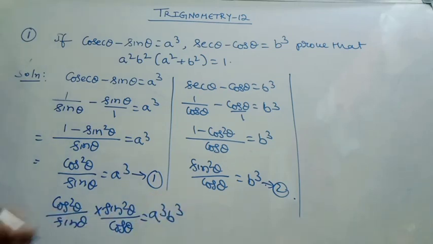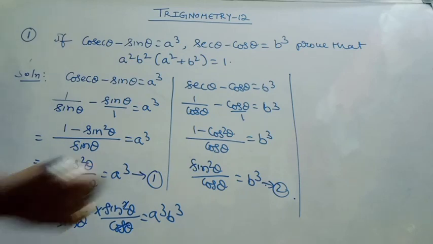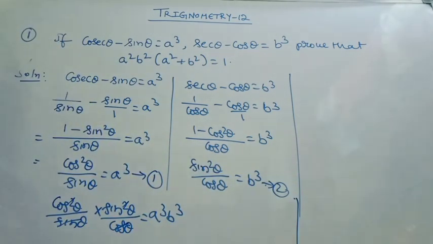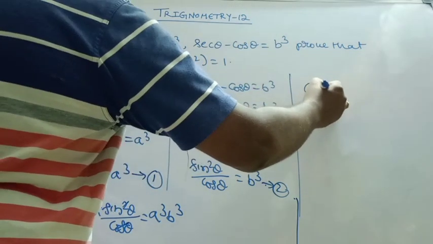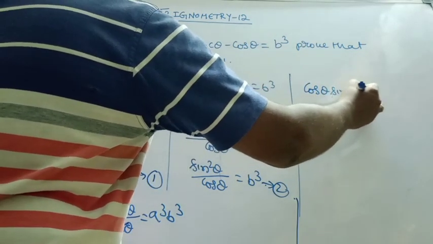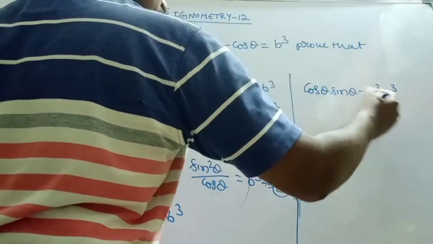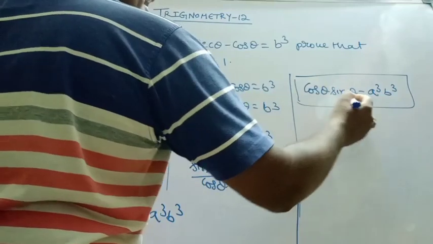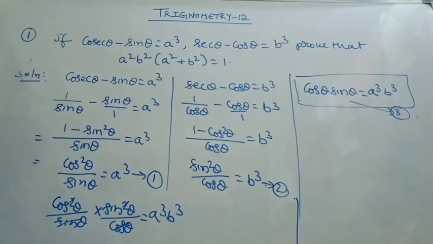One sin theta and one cos theta cancel, so we get cos theta into sin theta equal to a cube b cube. Put this in a box and call it equation number 3. Till this we have got like this.